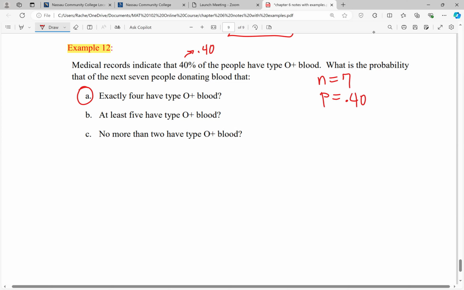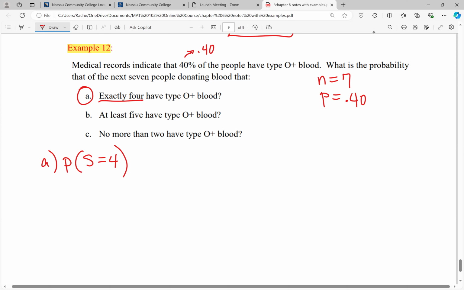And in part A, we're interested in the probability that the number of successes is equal to exactly 4, right? So we want to know what's the probability that exactly 4 people are going to have O positive blood. So we can use binom PDF in this case.